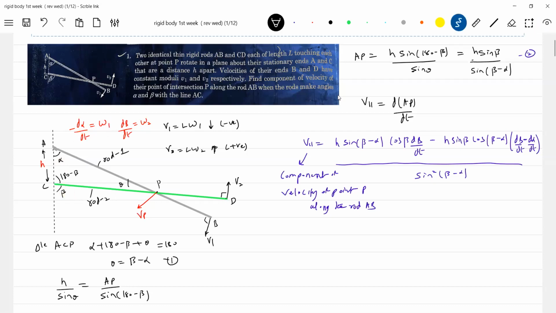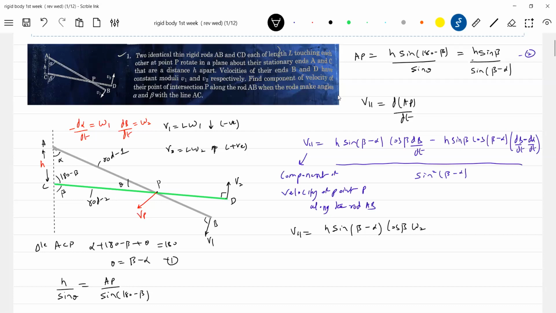So substituting these things, the value of this will be V parallel. dB by dt should be equal to omega 2 is what we assume.